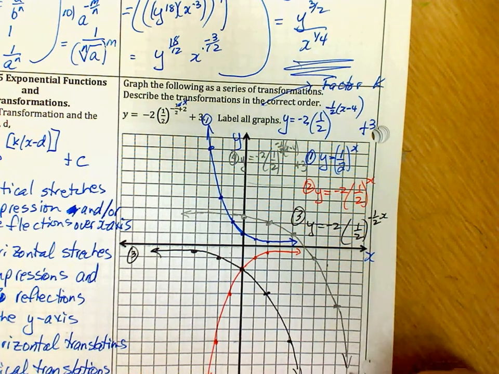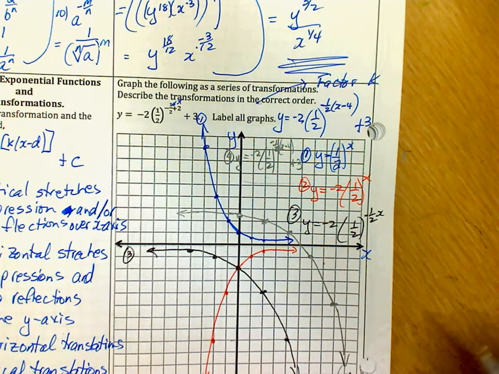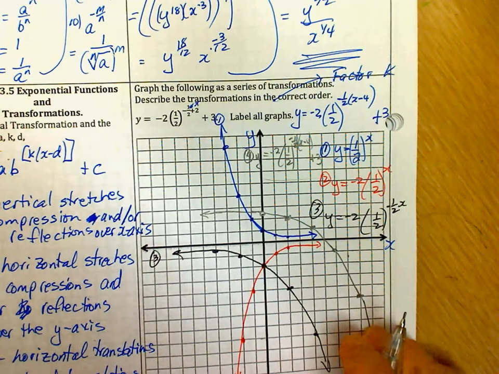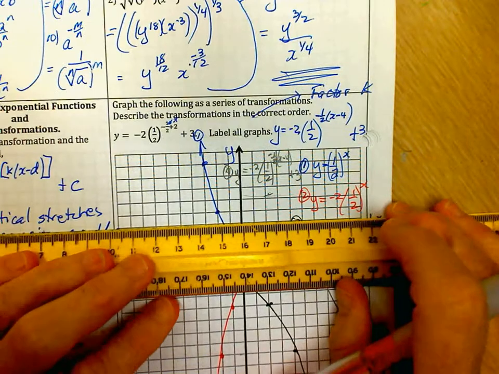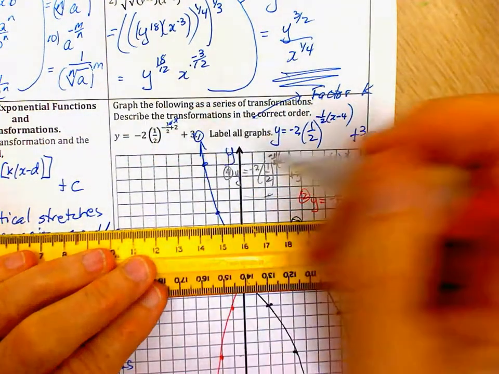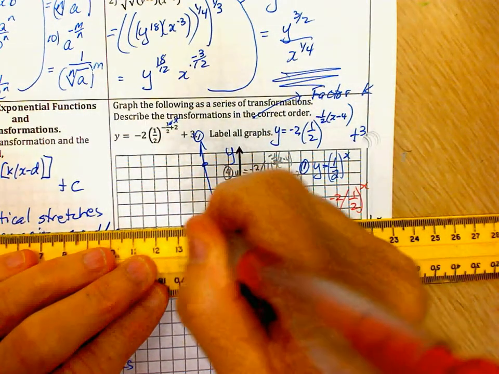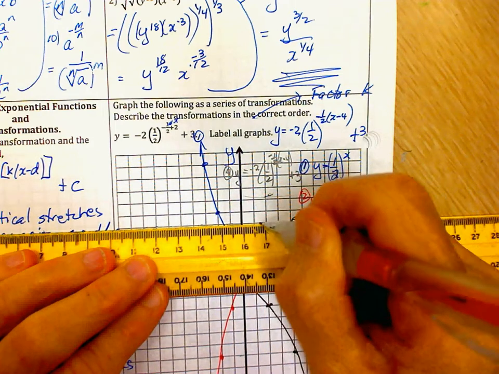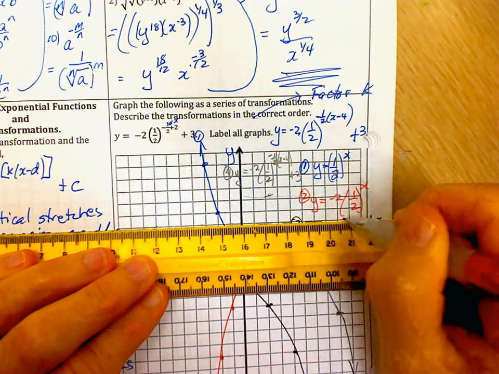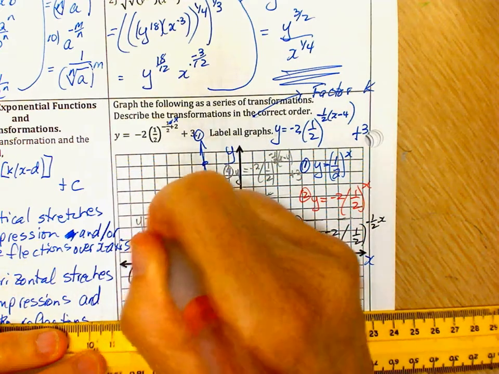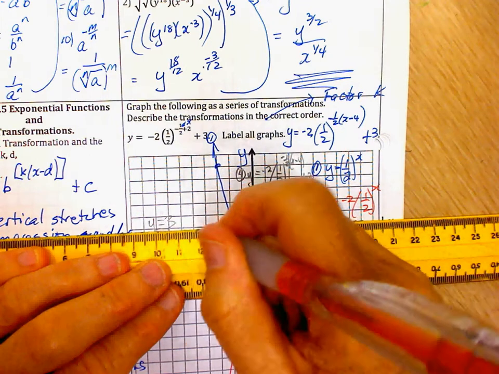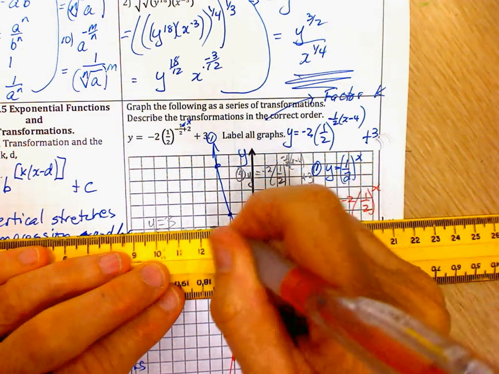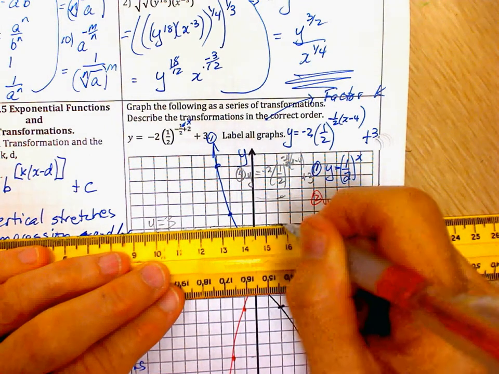And let's just draw our asymptote. Remember, exponential functions have an asymptote. The asymptote is y equals 3. I'll just emphasize that again to make sure everybody in internet land can see this.